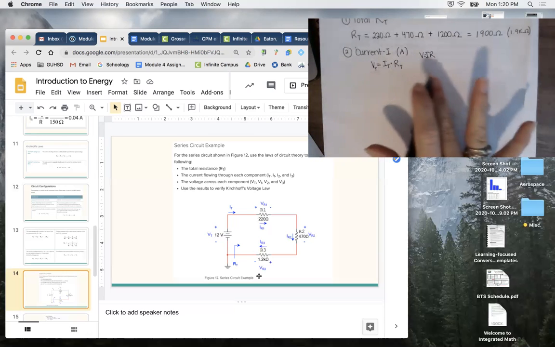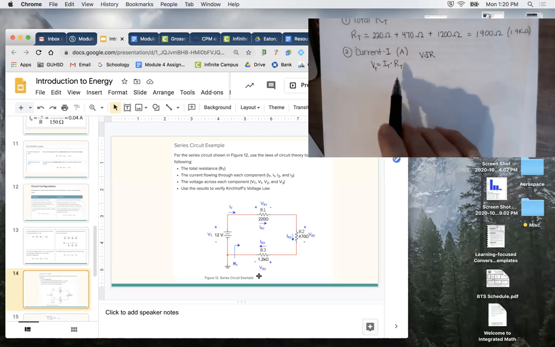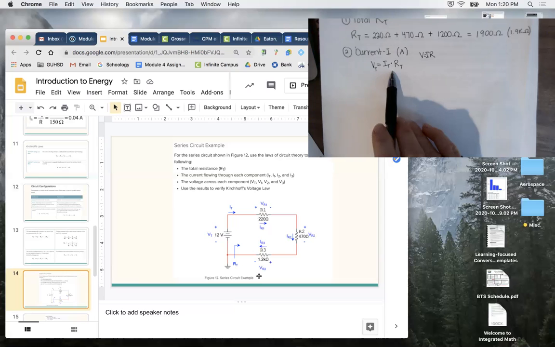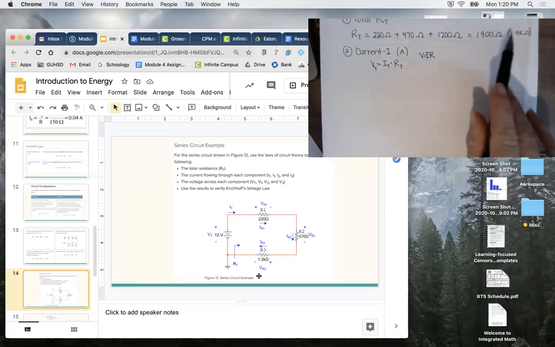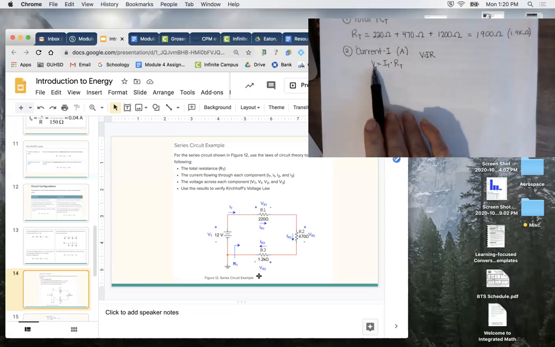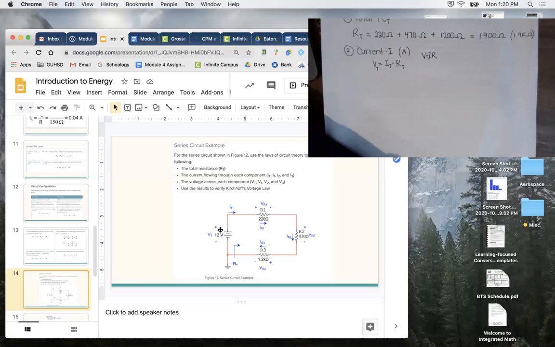So now we're talking about our total voltage is equal to our IT, our current total, times my resistance. Well, I just got my resistance total, which is great. I actually do know my voltage total, which would be the next thing that I have to find anyways. But my voltage total going into this, we know that it's 12 volts.